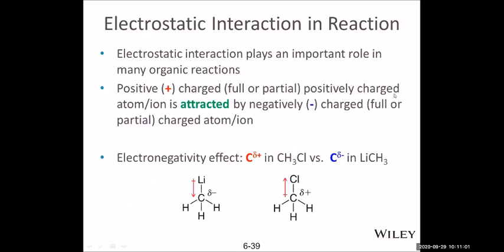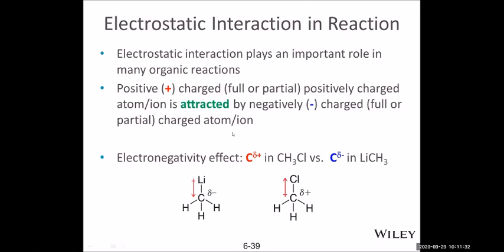And now we are getting to the actual chemical reactions in organic chemistry. What structures make a reaction happen or not? In organic chemical reactions, electrostatic interaction is very, very important, which means the attraction between opposite charges is very important in affecting how an organic chemical reaction takes place.